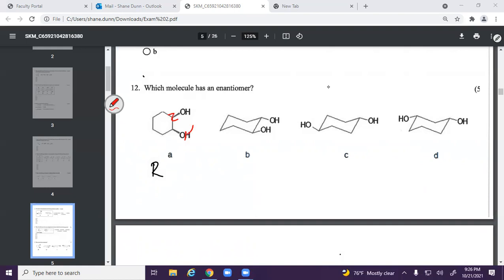So would those normally be enantiomers, because they're opposite R and S, right? No. There's a line of symmetry. They can fold on top of each other. Because they have separate R and S conformations and there's a line of symmetry, they are meso.